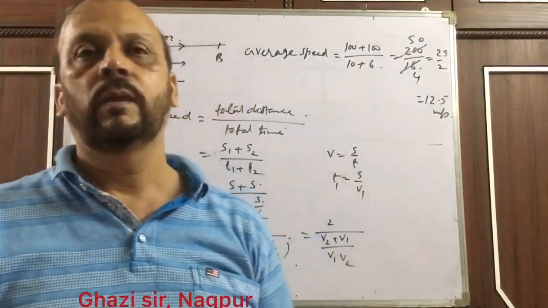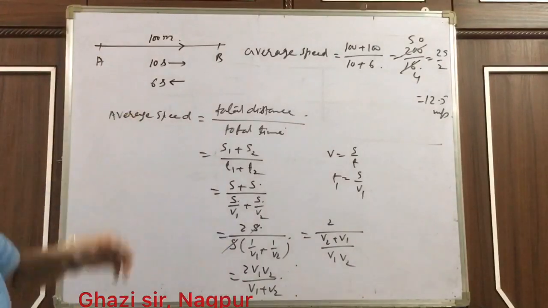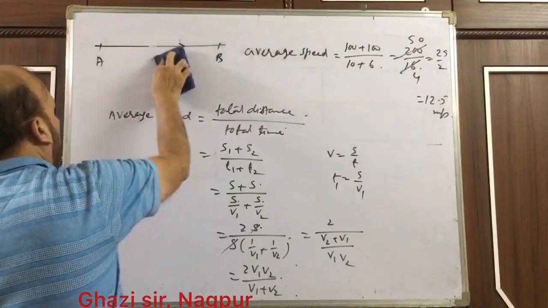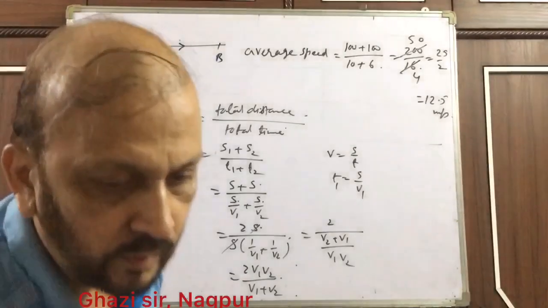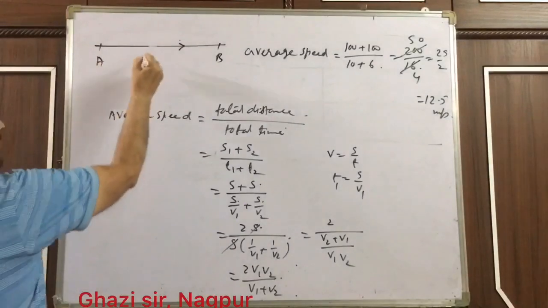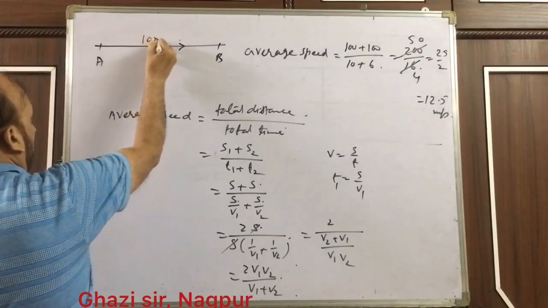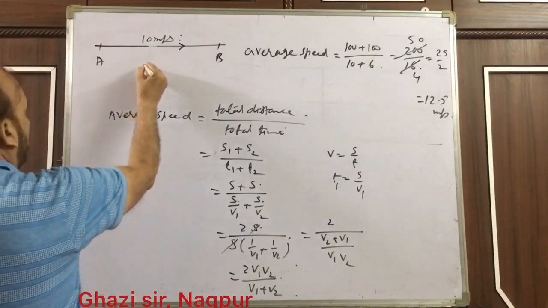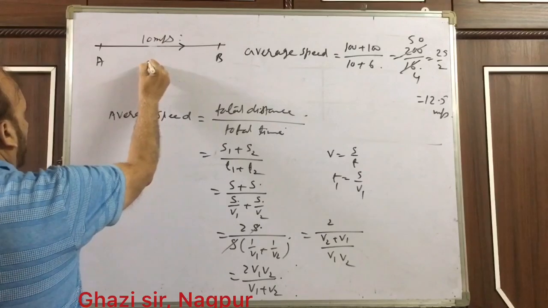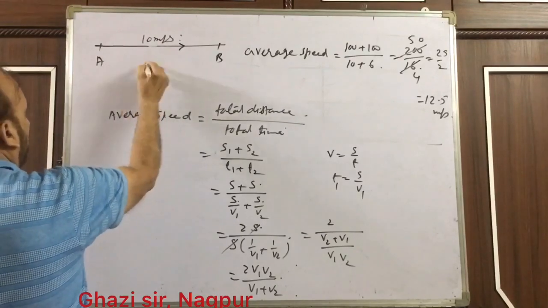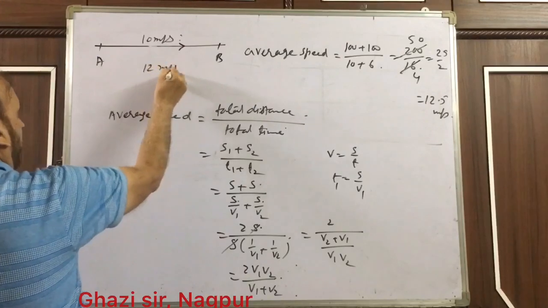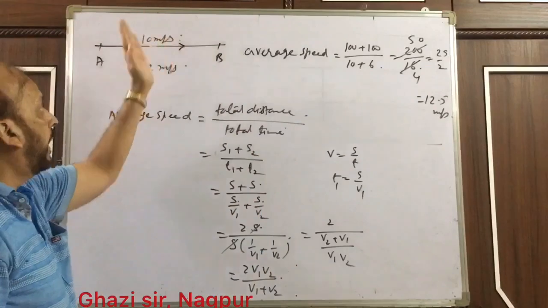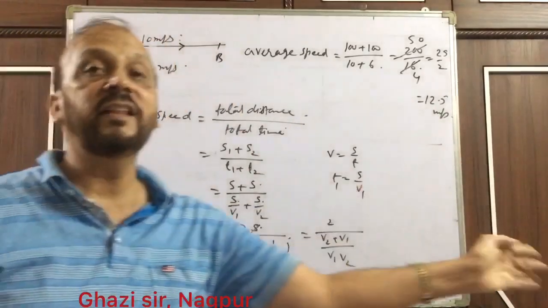Now suppose the boy is going from A to B at a speed, say 10 meter per second, and returns back home with a speed, say 12 meter per second. The first time while going to school his speed was 10 meter per second, while returning his speed is 12 meter per second. Find the average speed.